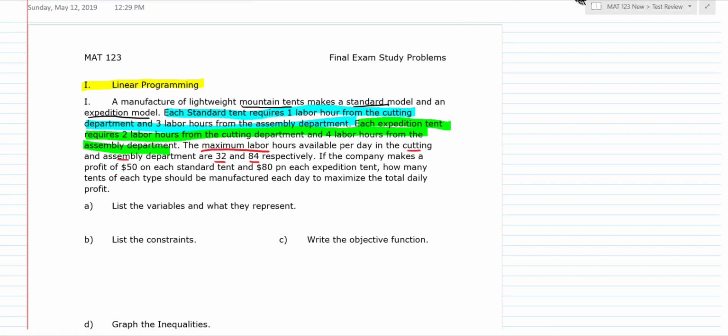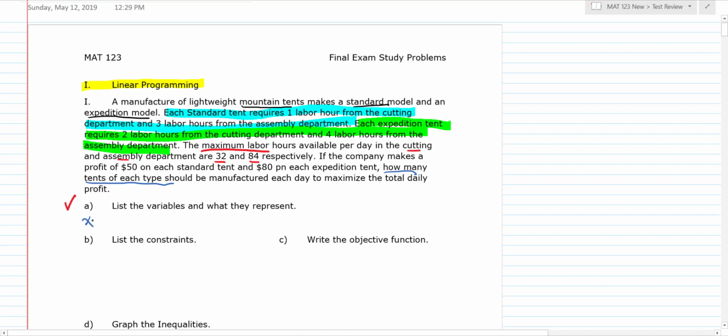Okay, so here's the way I kind of look at this after I start reading this. The first thing I'm going to always do is figure out the variables. Read the question, and that will tell you what your variables are. What it says is how many tents of each type must be manufactured. So that's the key right there. Let's go ahead and do our variables.